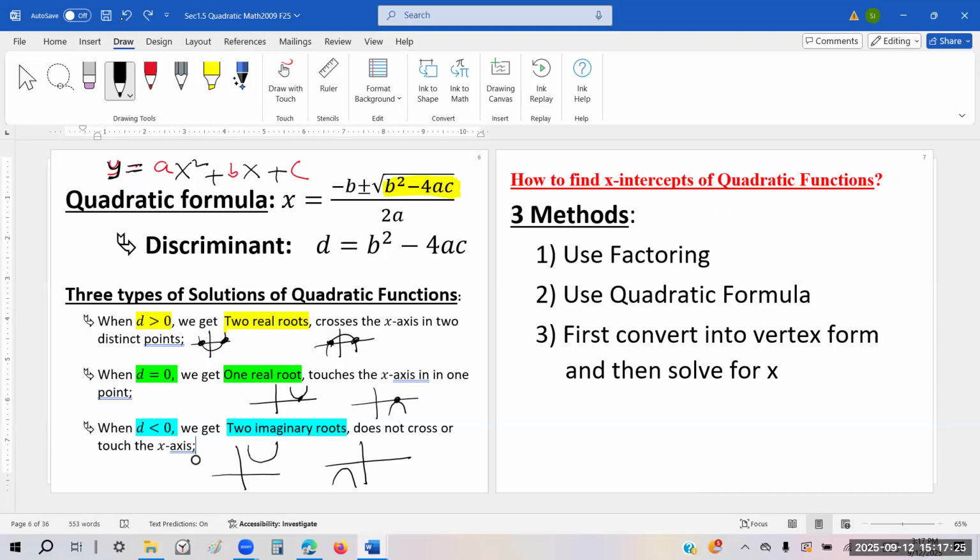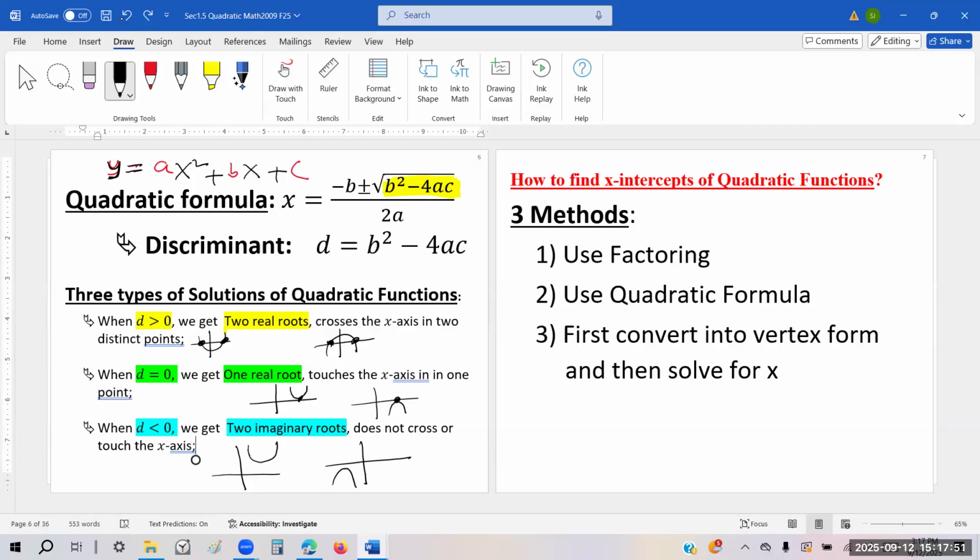Okay, so now our goal is to find all the solutions. If you have one solution or two solutions, how do you find them? Well, depending on what type of quadratic equation you have, you use a different method. For example, if you have a quadratic function that is factorable, factor and solve for x, and you get your x-intercepts.